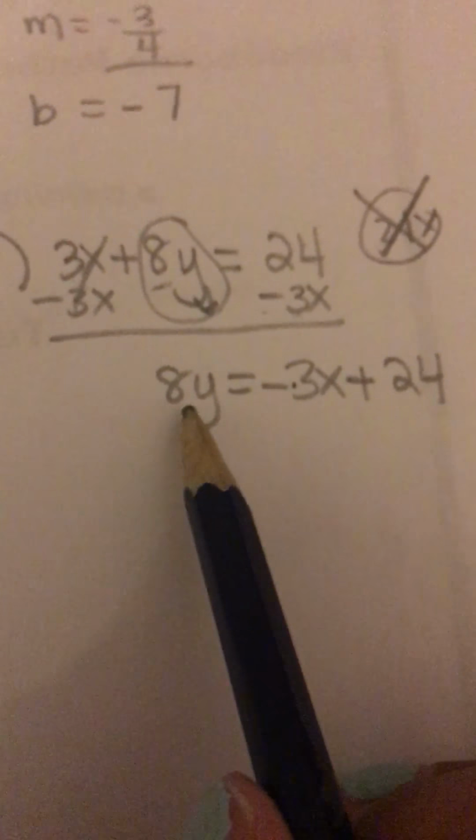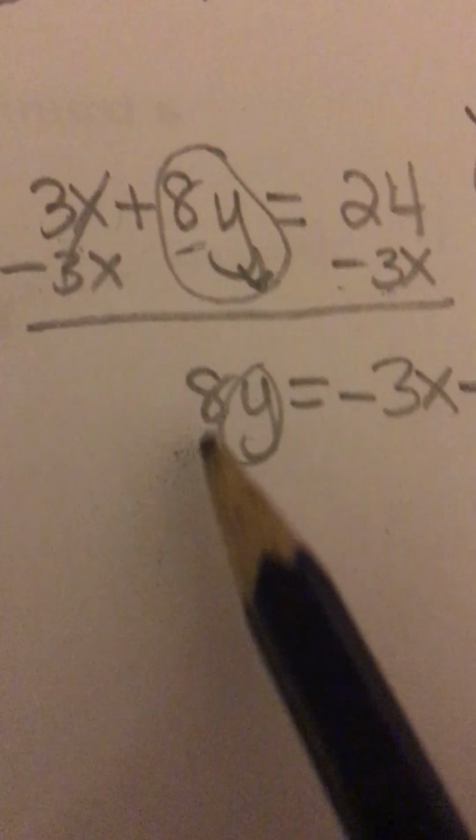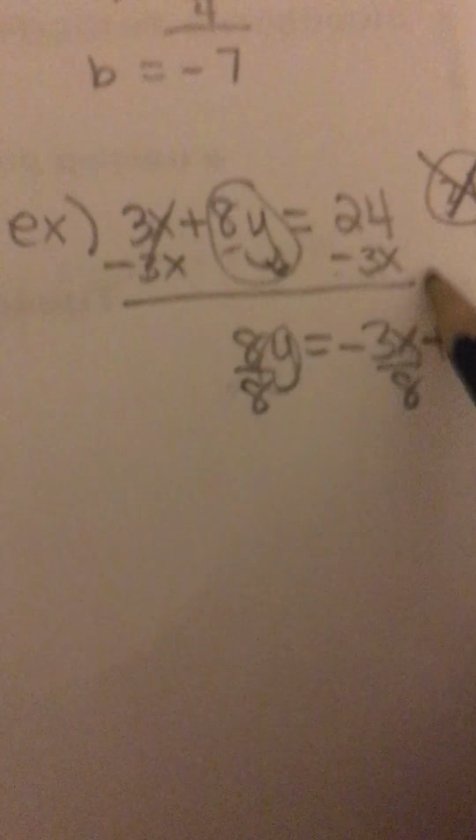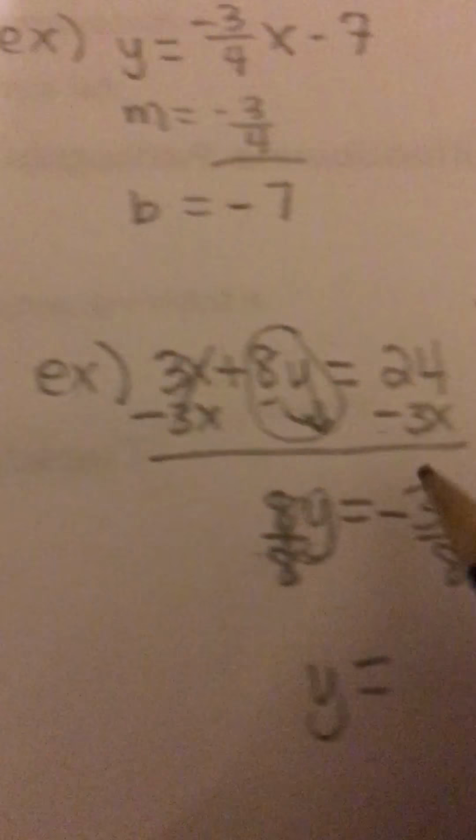So now we have these 3 numbers, and our goal is to get the y by itself. We still want this y alone. So the only way to get rid of that now is to divide. So we have to add or subtract first, and then we end with dividing. These cancel out. Now we have y equals, which is our goal. -3 divided by 8 is a fraction.